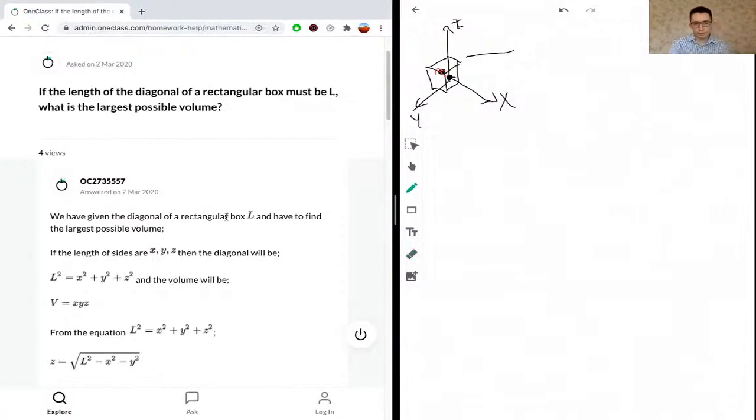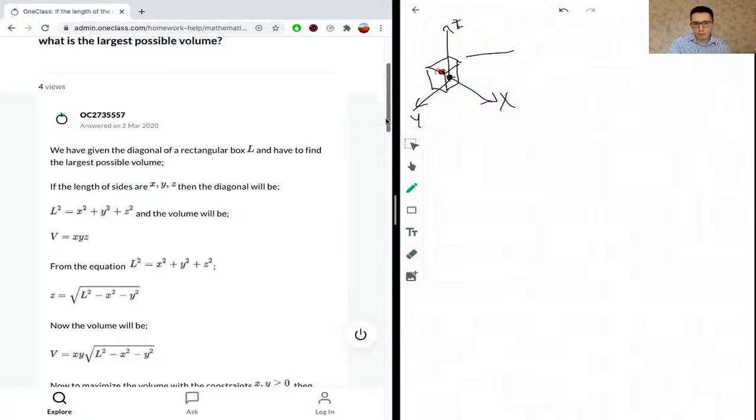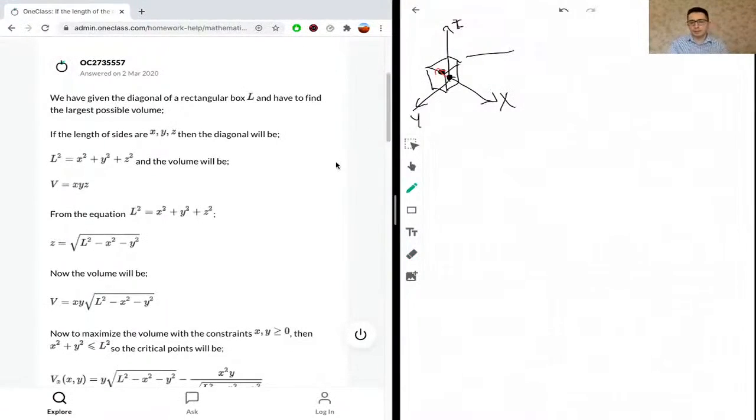Okay. So to start off, we would want to define some values for what the volume is in terms of x, y, and z, and the value of L in terms of x, y, and z. So we know volume is the 2 sides of the base times the height. So here in a coordinate system, volume would just be equal to x times y times z.